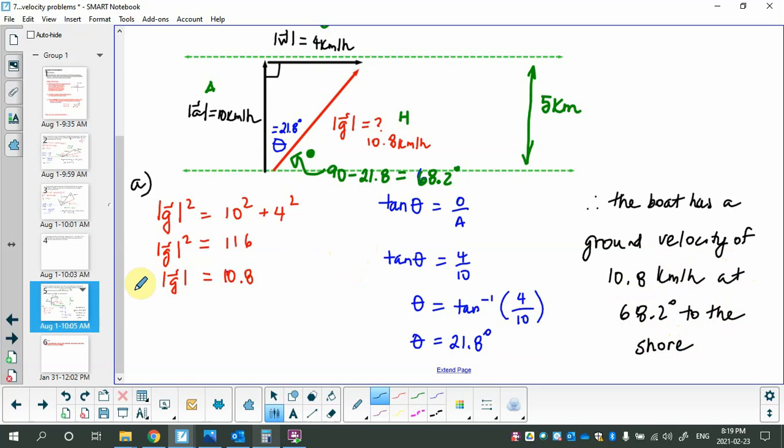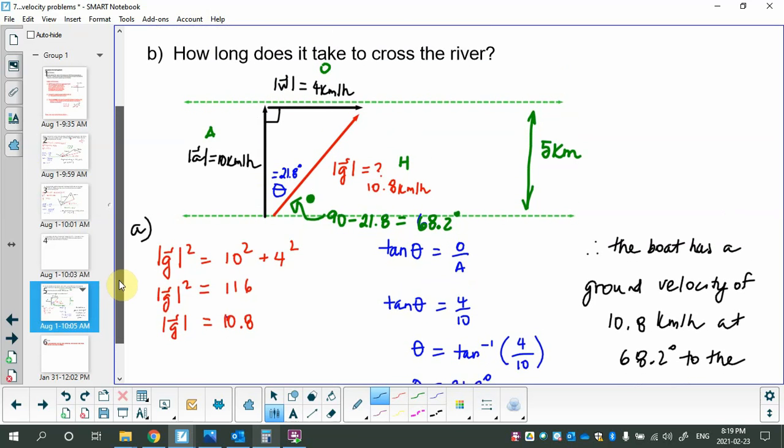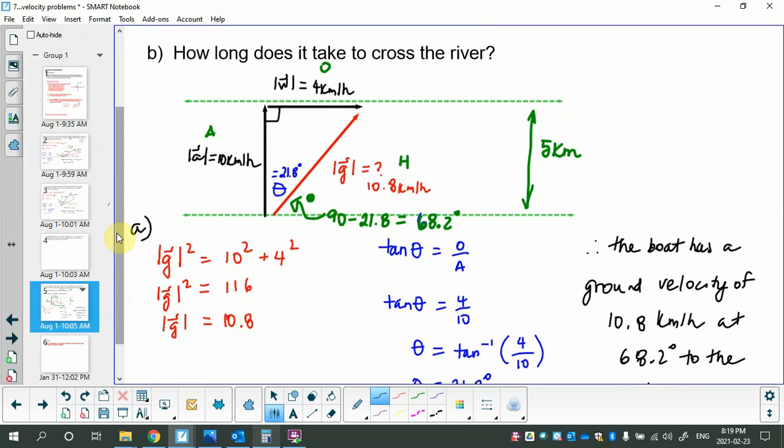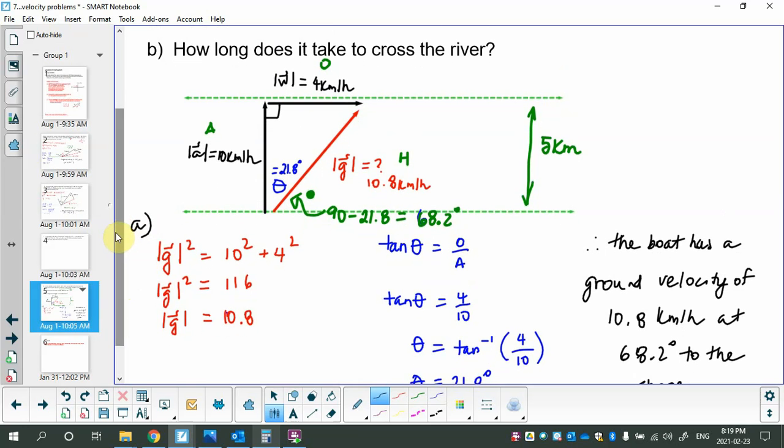All right, so the last question that we get to do here is, how long does it take to cross the river? So this takes you back probably to grade 9 science, where I've just told you how wide the river is. I've told you how long it takes to get across the river, not necessarily perpendicular across the river, but definitely across the river.